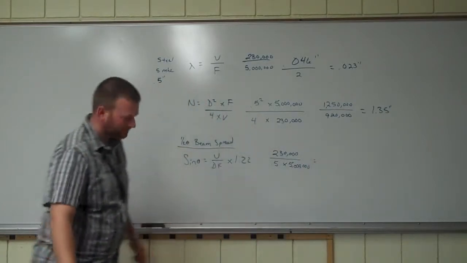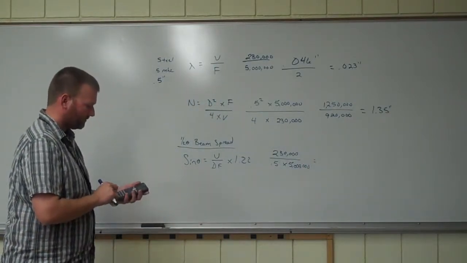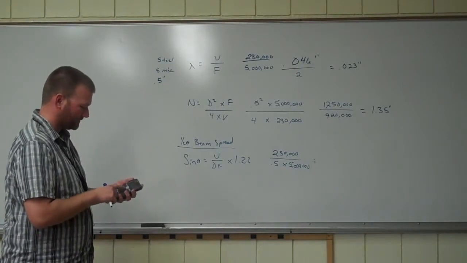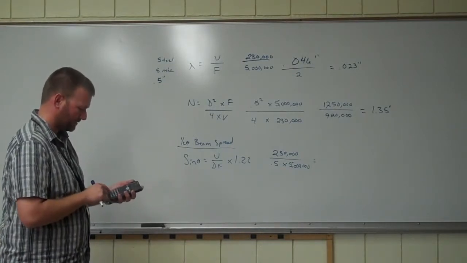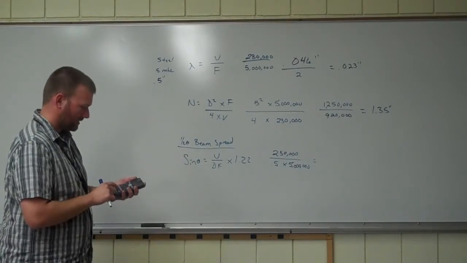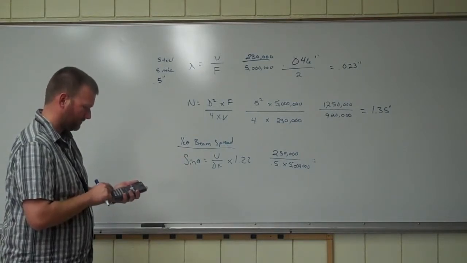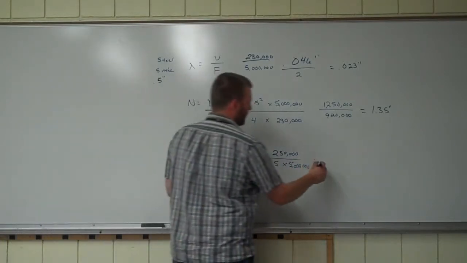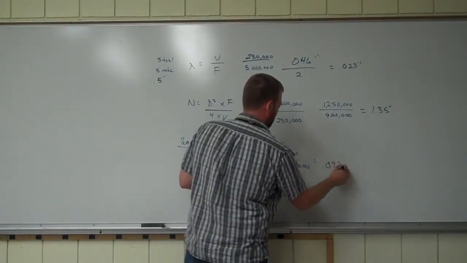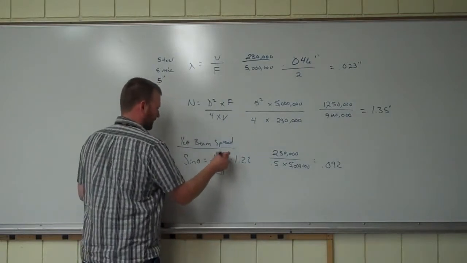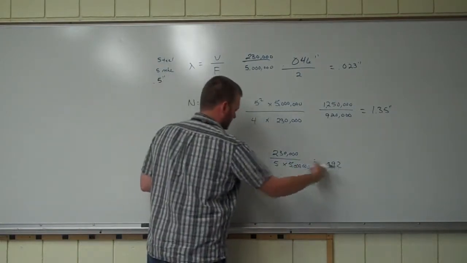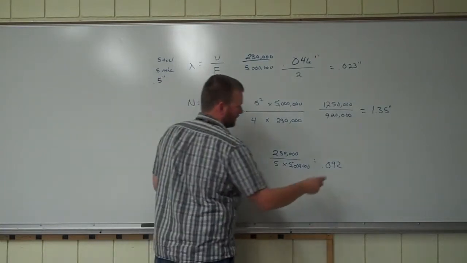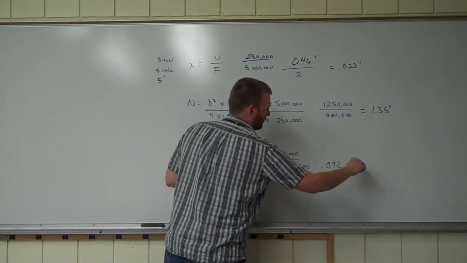So we have 230,000 divided by 0.5, with a couple of parentheses in there, times 5 million. That's going to equal 0.092. That tells us we've done this part. We still have to do the rest, so multiply by 1.22.